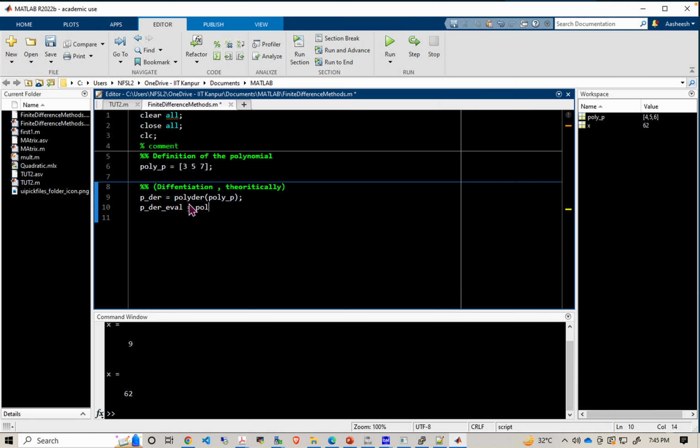What to write? Polyval. So these two functions are very important, polyval and polyder. Polyder is basically to find the derivative of the polynomial function, and polyval evaluates it. I will provide you this code.